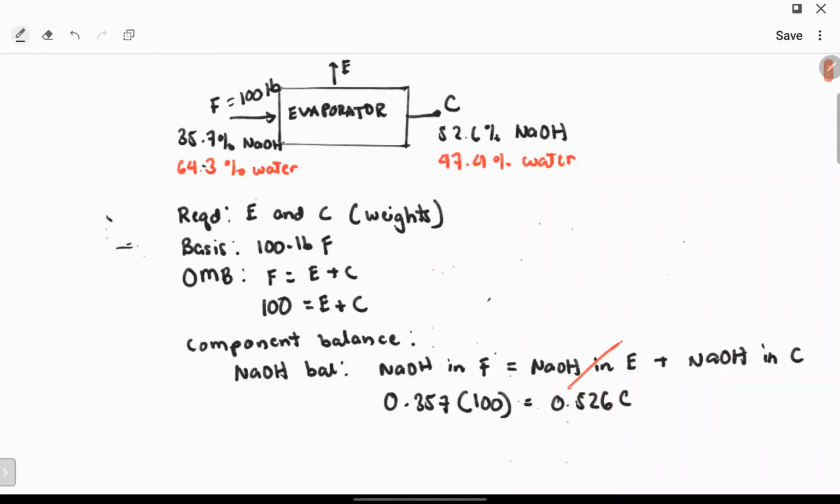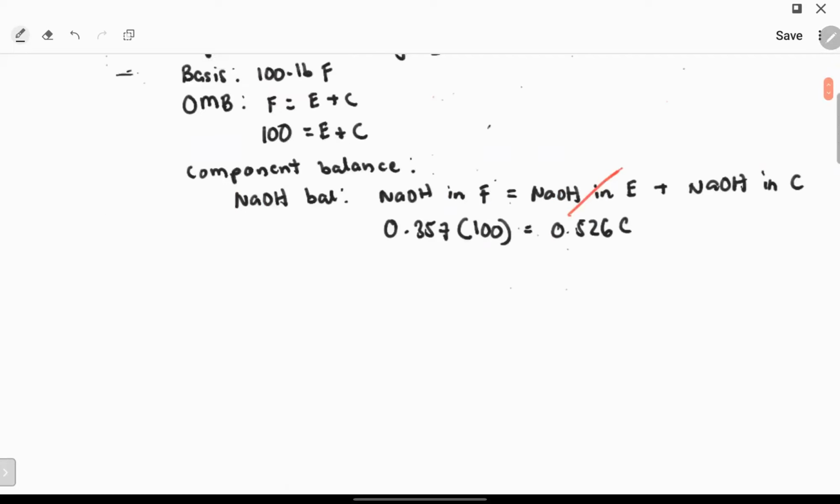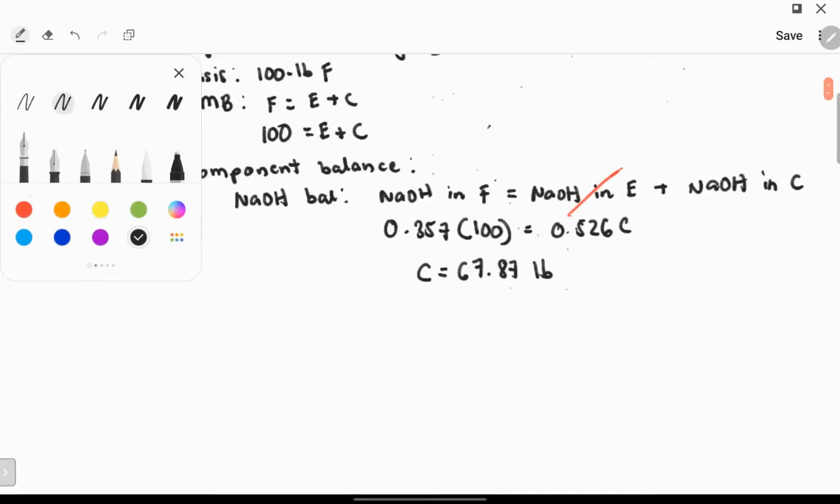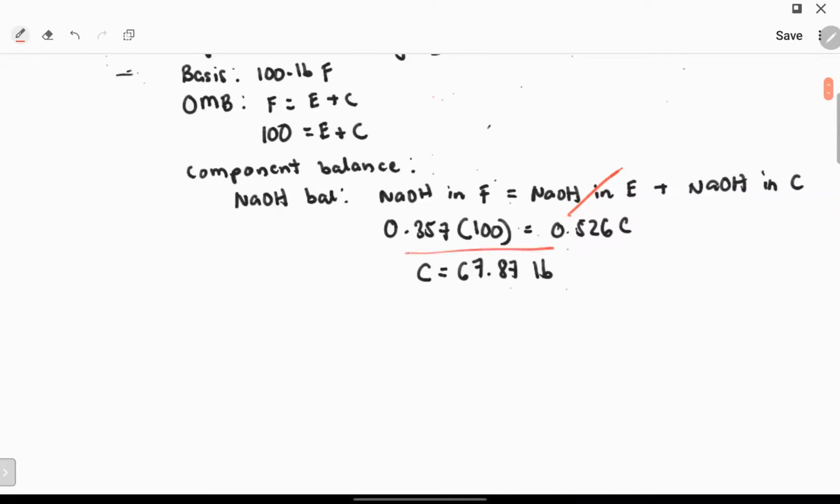So lagyan natin C. So in this case, we have produced an equation na isa lang ang unknown, right? So we can right away solve for C. So C is, therefore, if you use your calculators now, you'll get 67.87 pounds. So that is the amount of the concentrate.